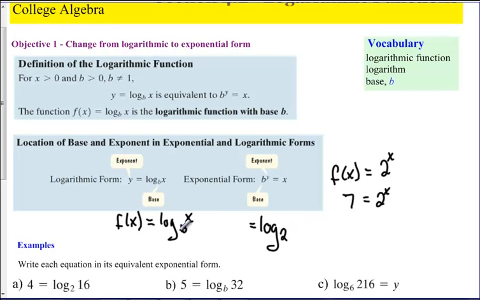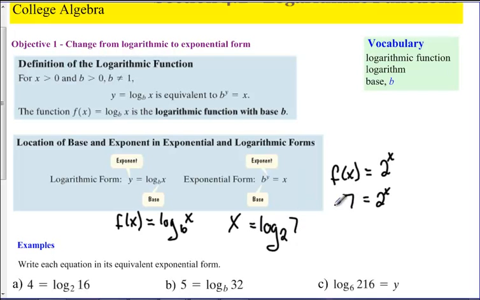I also mentioned last week that I tend to think of these not in the proper order. I think of the base, and then I know the exponent is what the log expression equals. The exponent in this case is x, so I know my x is going to go over here. So right now I've got x equals log base 2, and then the only thing left, which will be 7.